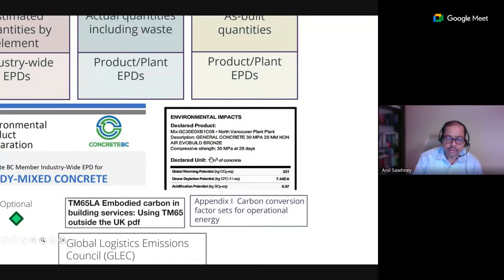Like on a tin of food, you get nutrition values, same thing. You're getting GWP potential for 1 cubic meter of concrete. This is called a declared unit.